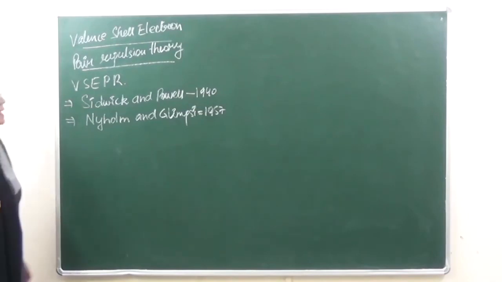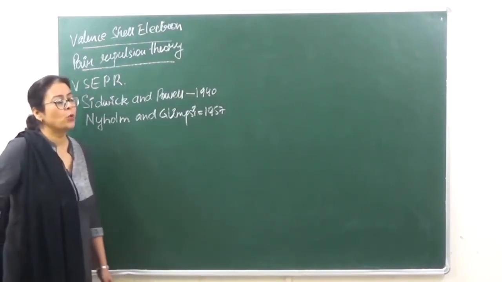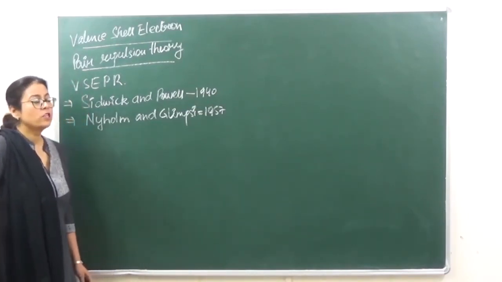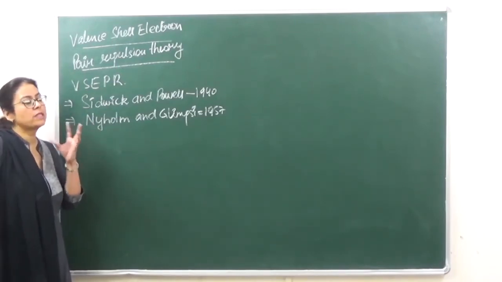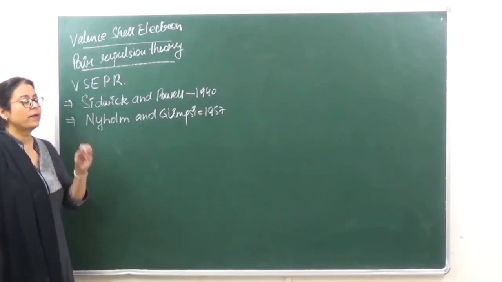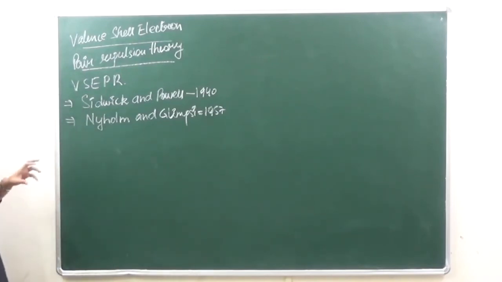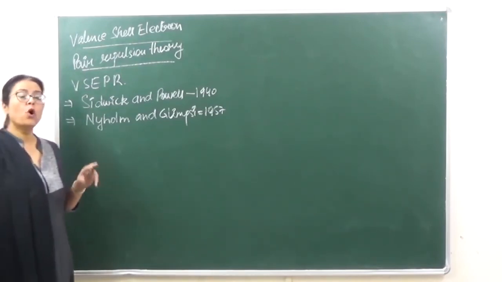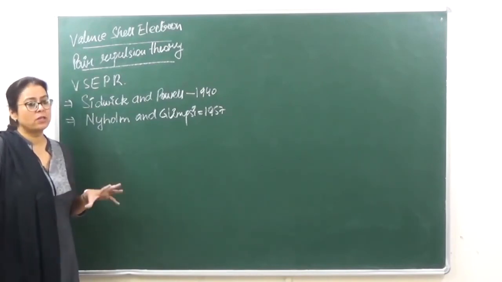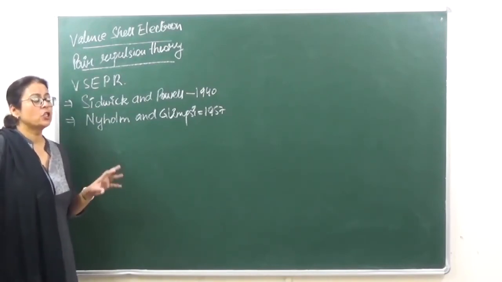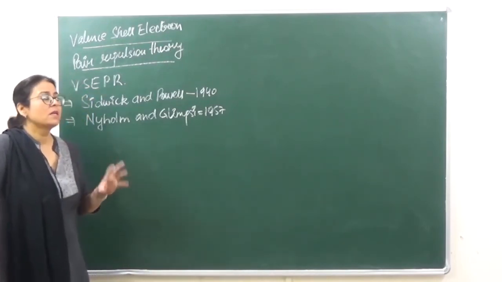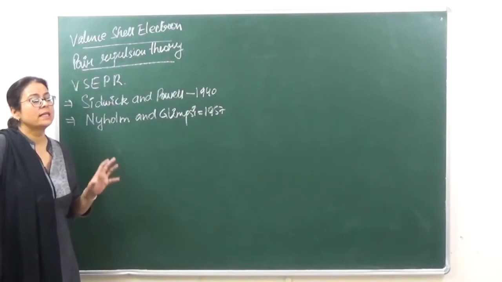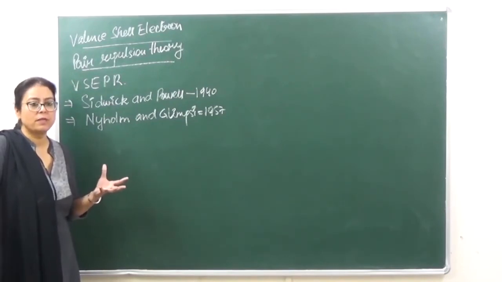It is said that whenever a covalent molecule is present which has two or more than two atoms attached to the central atom, then the position of the surrounding atoms is so adjusted that there is minimum repulsion between them.